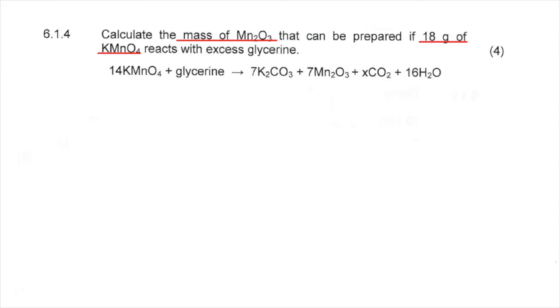So I've got a mass and I'm looking for the mass. So what I'm going to do is start off with the mass that they give us, which is for potassium permanganate, and work out the number of moles. And then I'm going to convert from the number of moles of potassium permanganate to the number of moles of manganese oxide. And then convert that to mass.